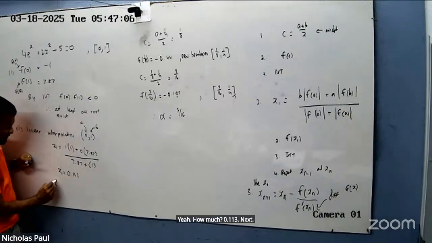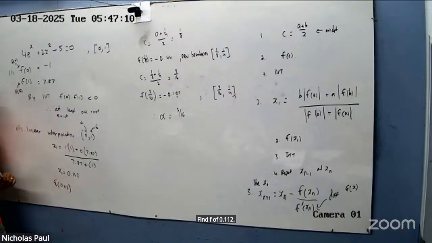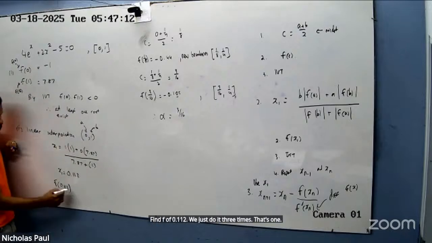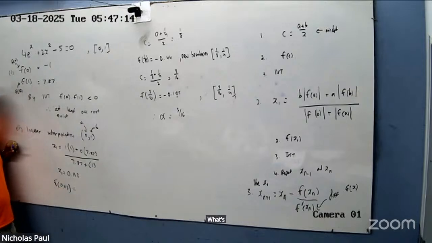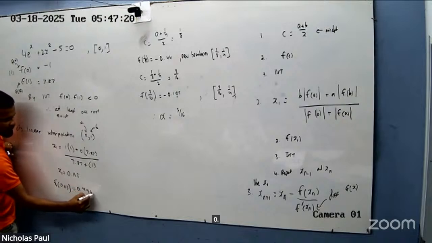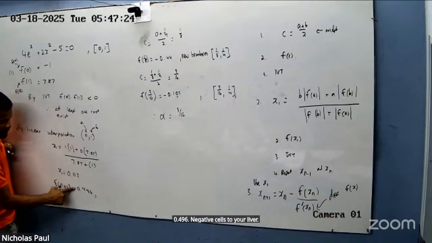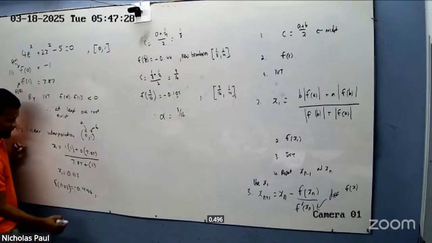Next, find f of 0.113. We're just doing this 3 times. What's f of 0.113? It's -0.496. Negative. So you leave it out.